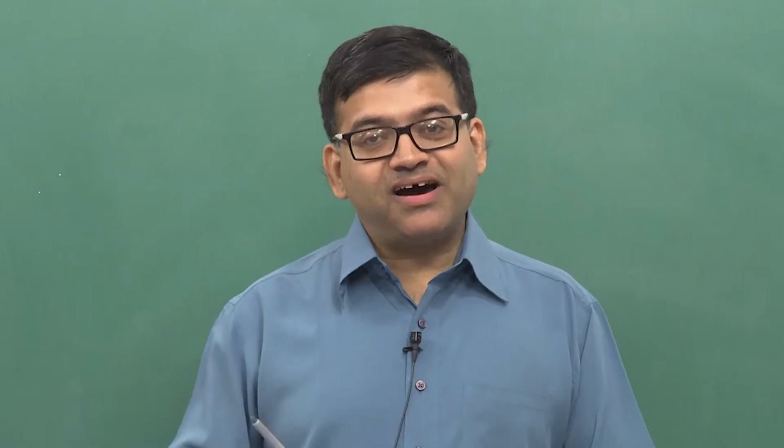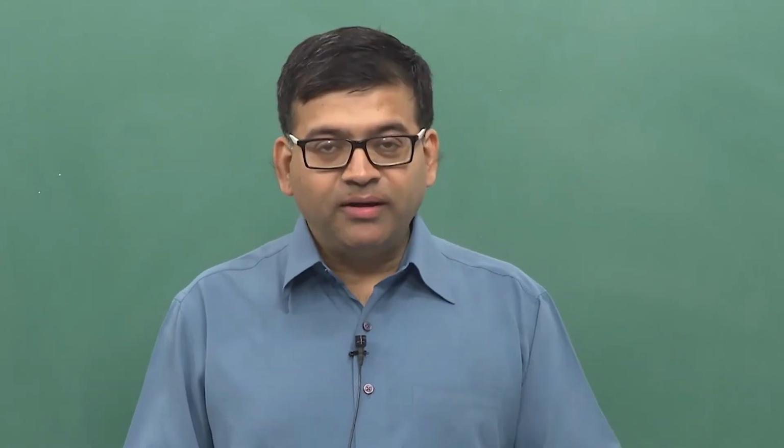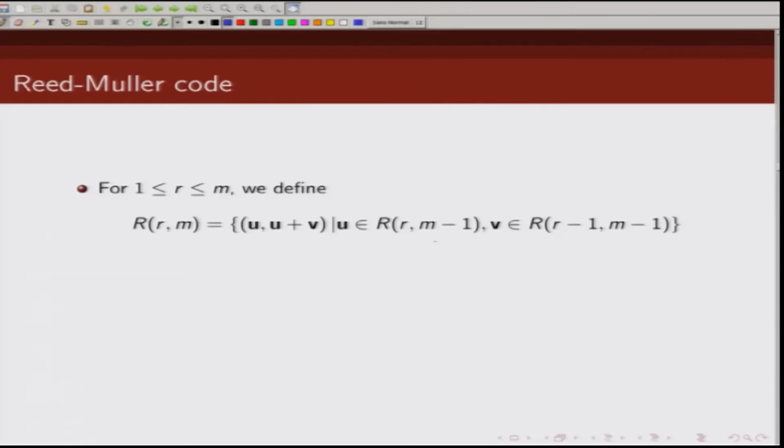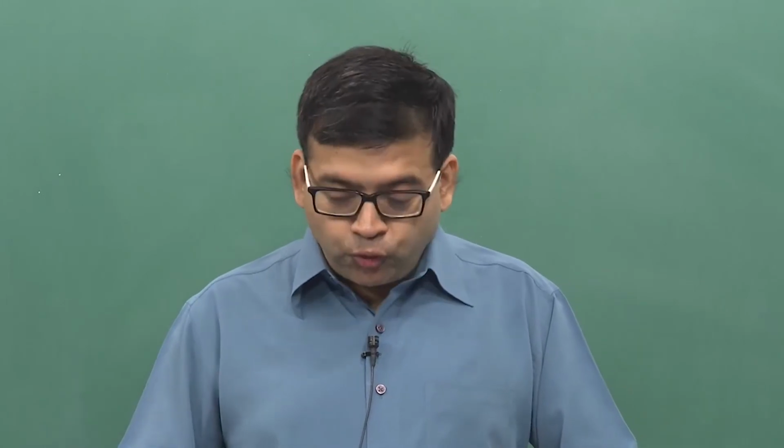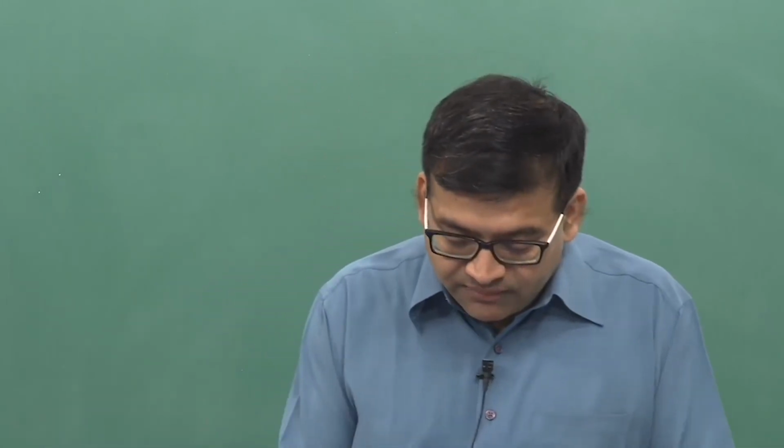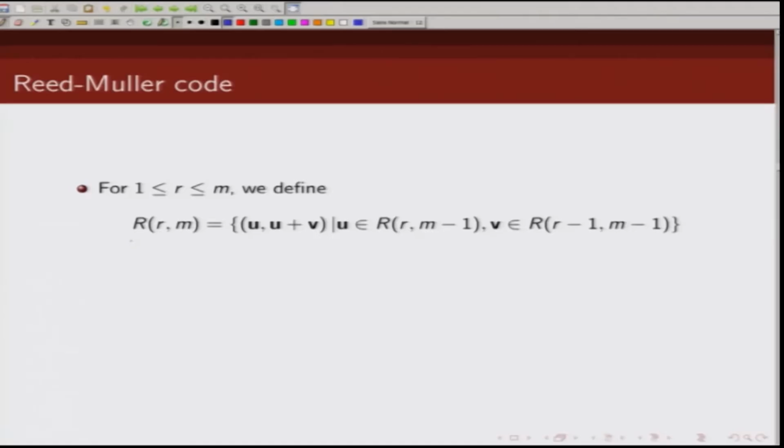Now, this is another alternative construction of Reed-Muller code. So, if you are given Reed-Muller codes of length 2 raised to power m minus 1, then you can use two of them to construct a Reed-Muller code of length 2 raised to power m. So, how do you do that?